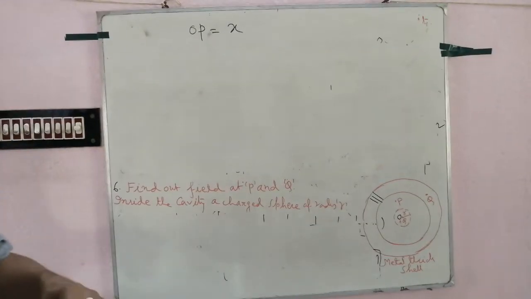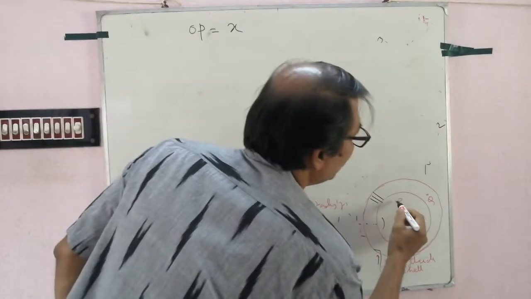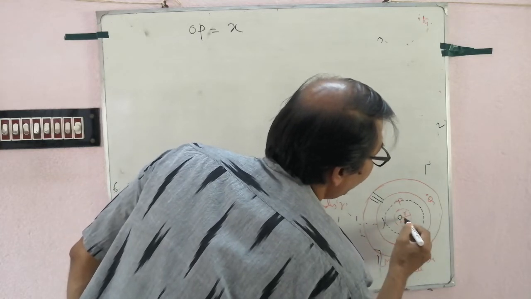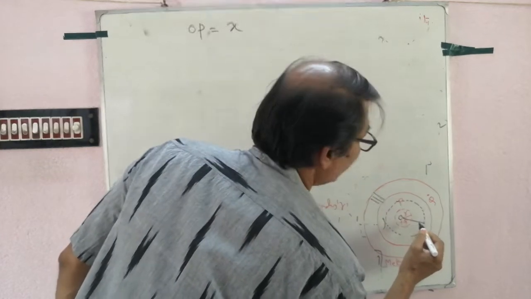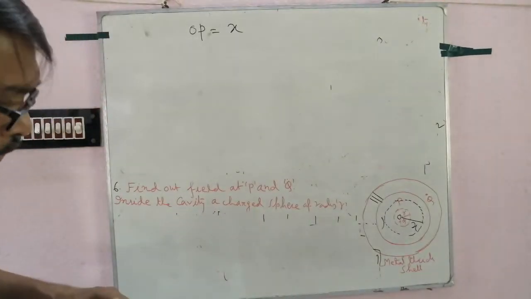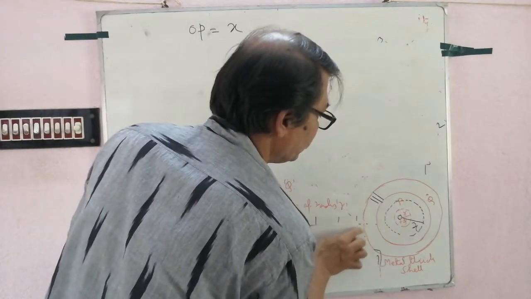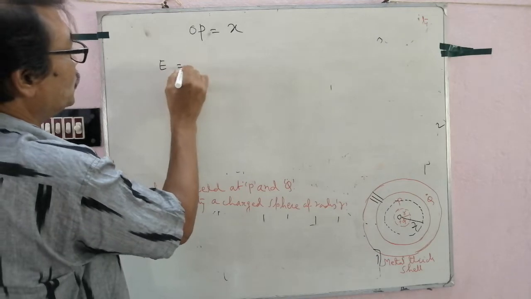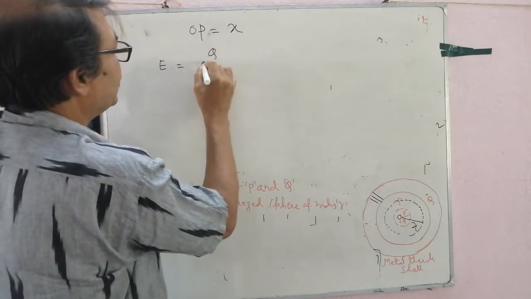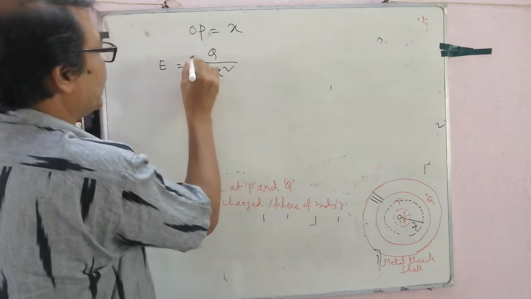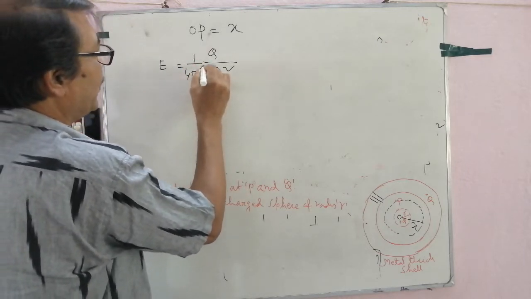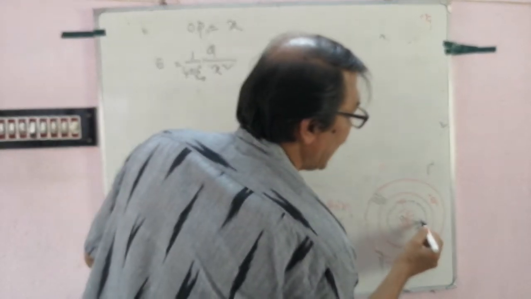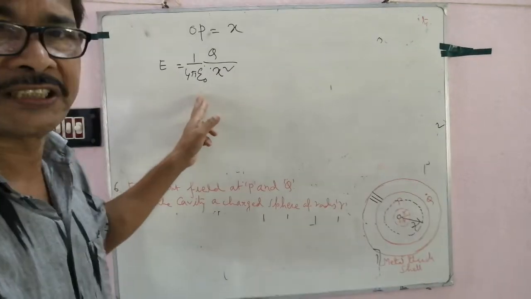So according to Gauss's theorem, if we draw a Gaussian surface at distance x, E equals 1 by 4 pi epsilon naught, q by x square. Clear? This is positive charge, so the direction will be radially outwards. Simply we apply Gauss's theorem.